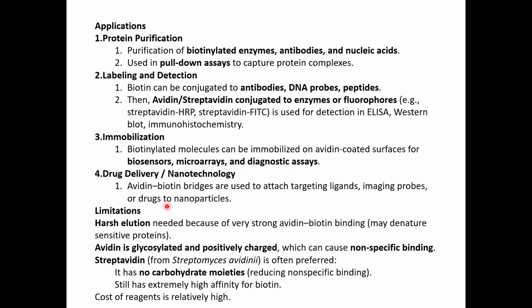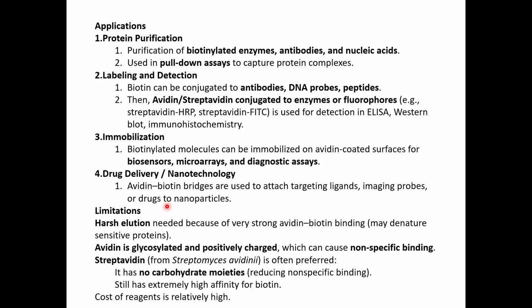So avidin is glycosylated and also positively charged. So this can also cause non-specific binding sometimes. So streptavidin is often preferred, from Streptomyces avidinii, and it has no carbohydrate moiety, so it reduces the non-specificity due to positive charges, and it still has high specific affinity to biotin, just like the avidin molecule.